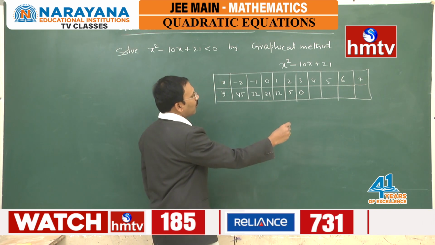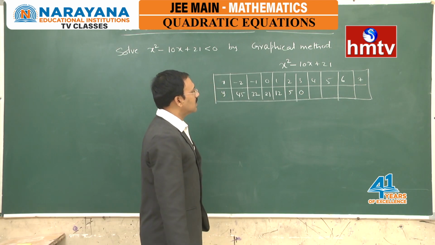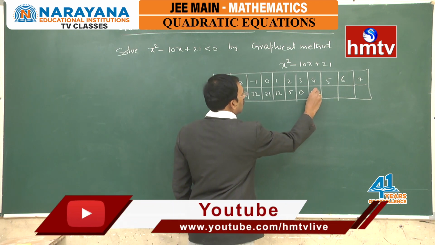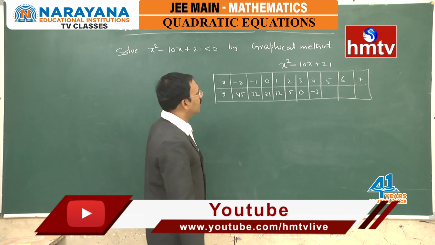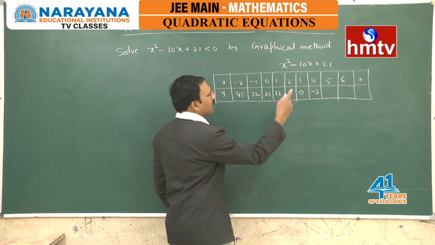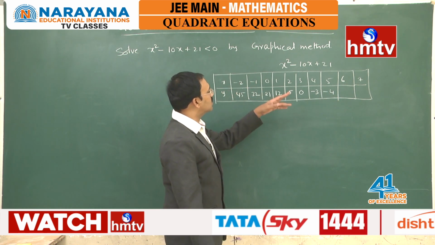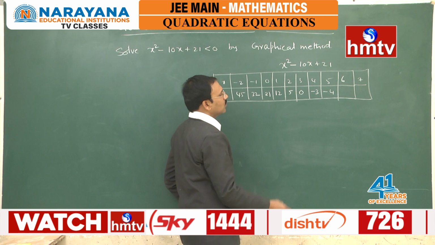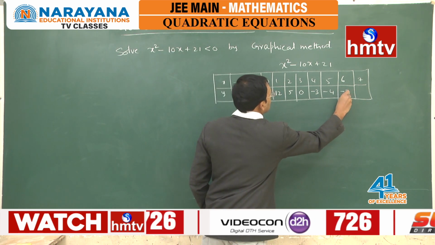When x is 4, 16 plus 21, that is 37, minus 40, it is going to be minus 3. When x is 5, this is 25 plus 21, 46 minus 50, which is minus 4. And when x is 6, 36 plus 21, which is 57 minus 60, minus 3.